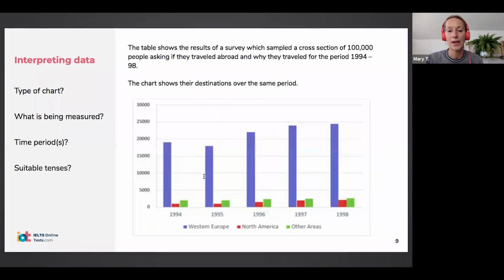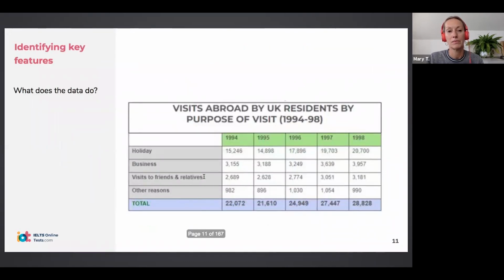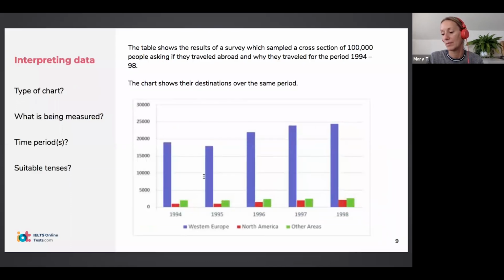Okay, so now looking at this part of the question, what kind of chart is this? Sorry, it's gone back. Bar, yeah, a bar chart, that's right. Yeah, what's being measured here? Yeah, so everybody's got that, so that's great. So bar chart, so final destinations.